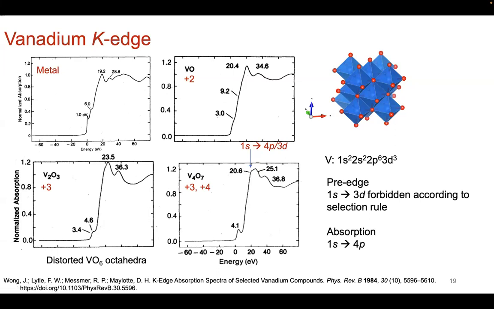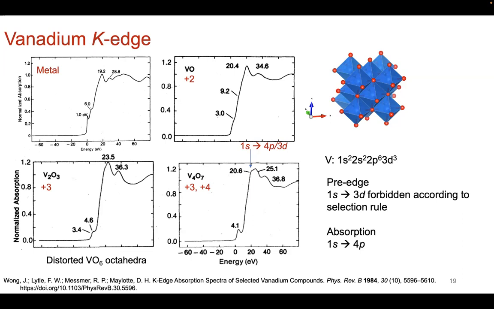So your absorption energy is 1s exciting to 4p, right? Because the electron configuration of vanadium is 3d. So the unfilled states are going to be in the 4p, the orbital beyond 3d. So that's your absorption line.